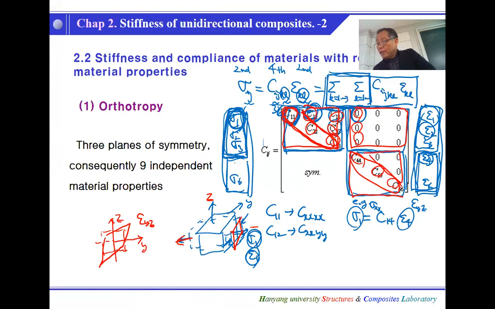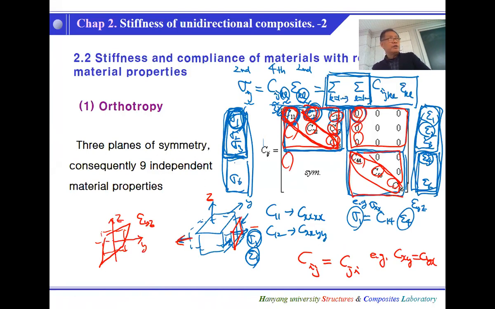And now Cij, again, all these terms are also symmetric. So Cij will be Cji, which means that, for example, Cxy will be Cyx. So this one is the same as that one.